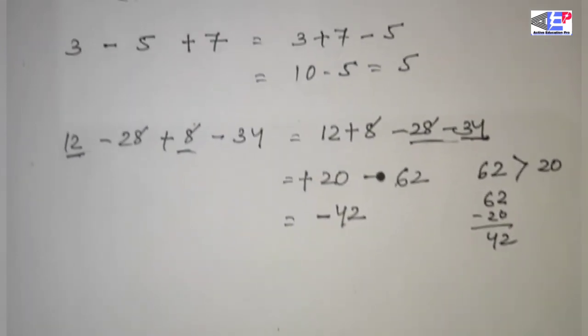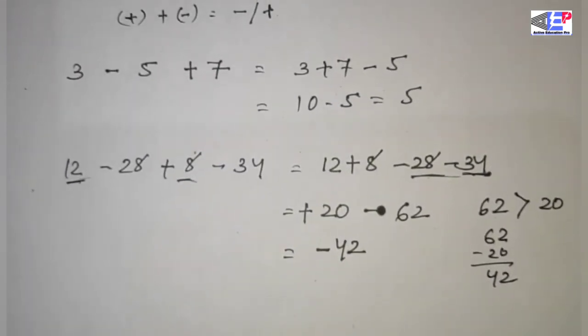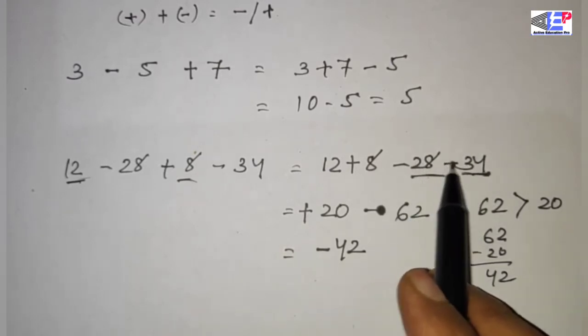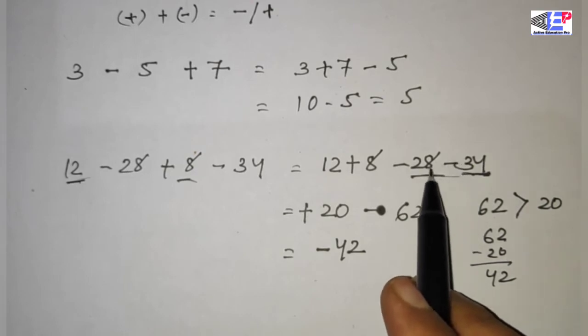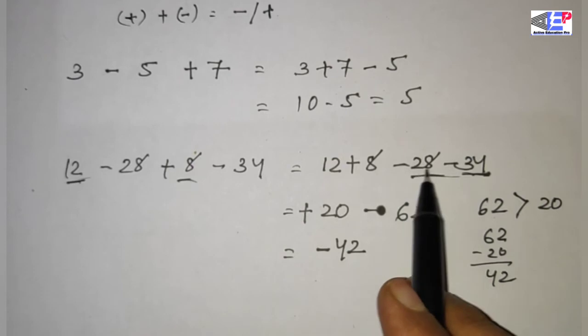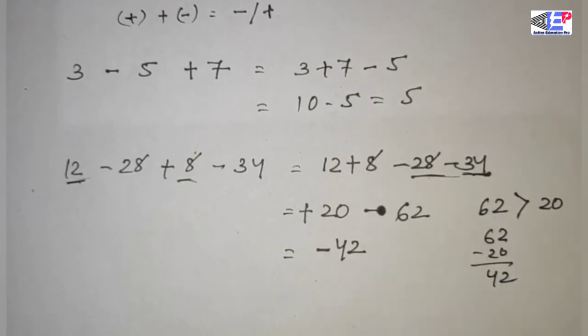Okay, look here, in both these cases, when same signs are to be calculated, you add the numerical values, here 28 and 34 is 62.